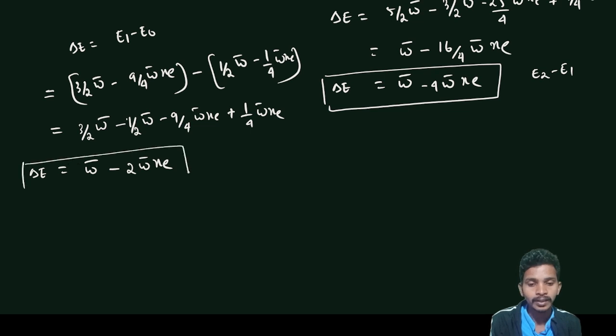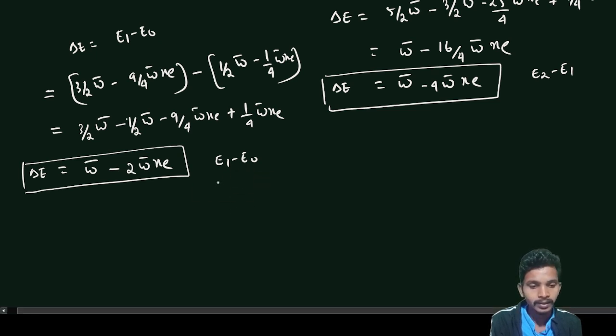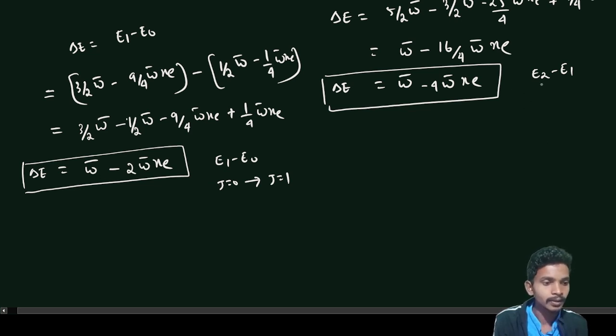So here you see that whenever I do E1 minus E0, that means the transition is j equal to 0 to j equal to 1. I'm getting this value, and this is for j equal to 1 to j equal to 2. I'm getting this value.